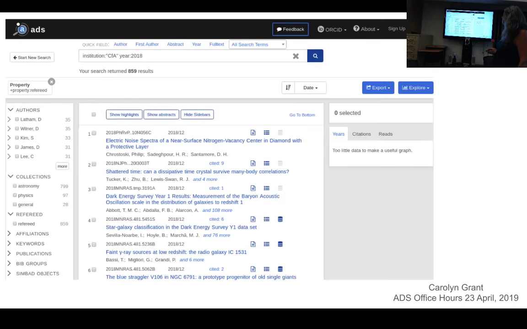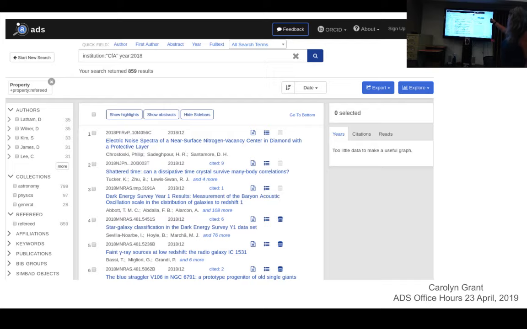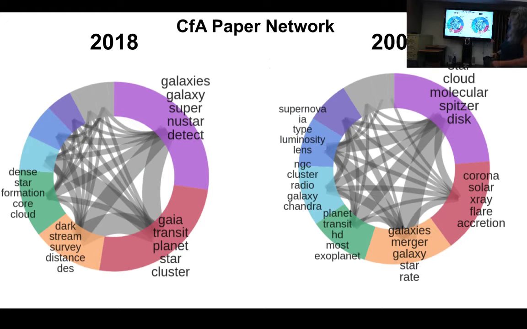Here's institution CFA, and I did year 2018, and then I narrowed it down to refereed papers. I was just actually going to compare it to 10 years ago to see what our research output was, just for grades. I went to the Explore menu, and I pulled it down and did a paper network. This takes papers, compares their reference lists, finds things that have similar reference lists, and finds words in the title that are similar, and it groups them.